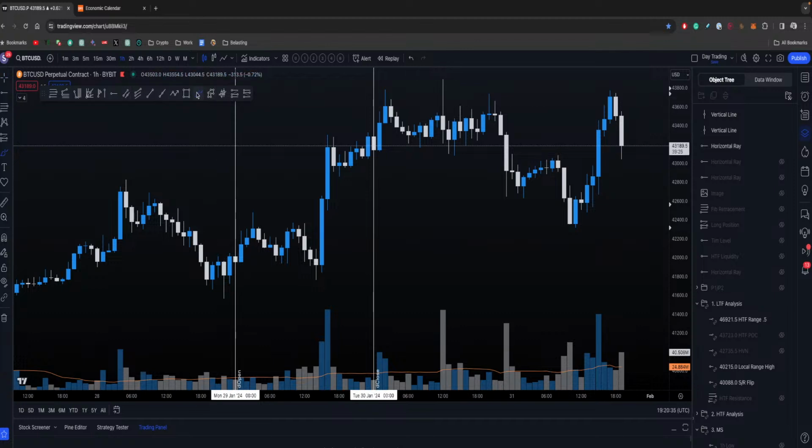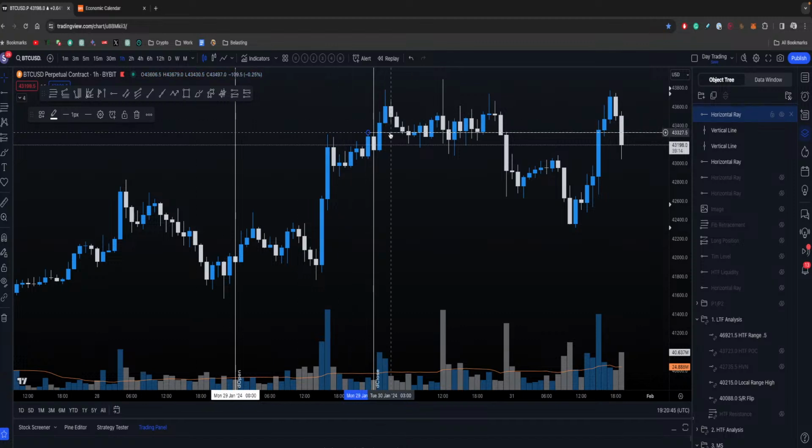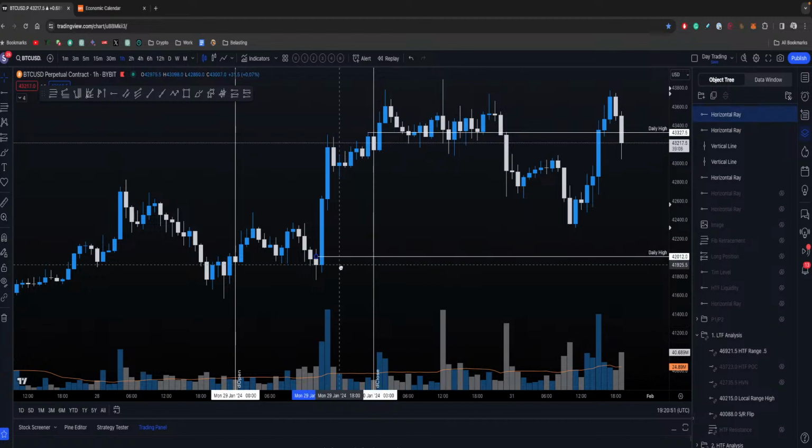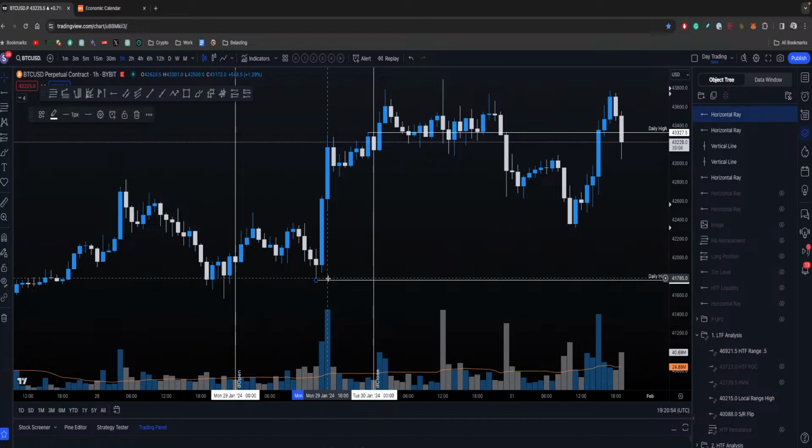What it is basically, you have two pivots in a day. I call it pivots, a little bit misleading, but it just means you have the highest point of the day and the lowest point of the day. So now with the benefit of hindsight, we have the highest point of the day, daily high, and we have the lowest point of the day, right here, daily low.